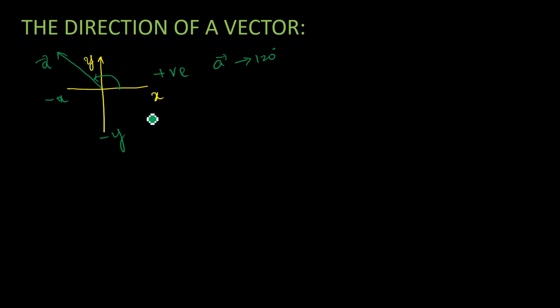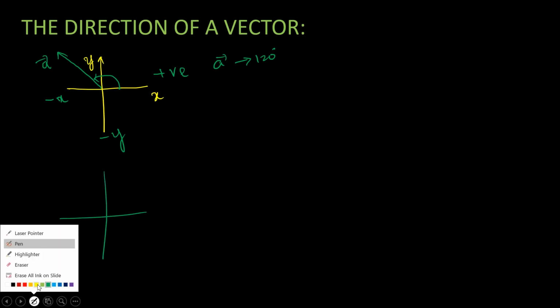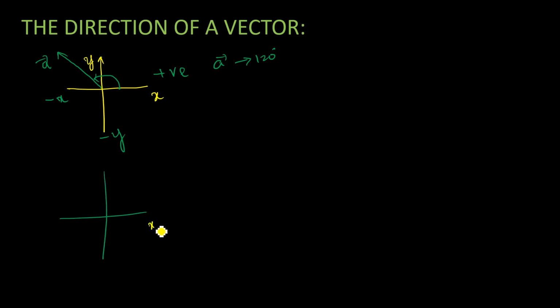Or suppose the direction of a vector is denoted in terms of geographical directions, with the same x-axis and y-axis. This is the positive x-axis, negative x-axis, positive y-axis and negative y-axis. Here I'm considering this a bar vector.